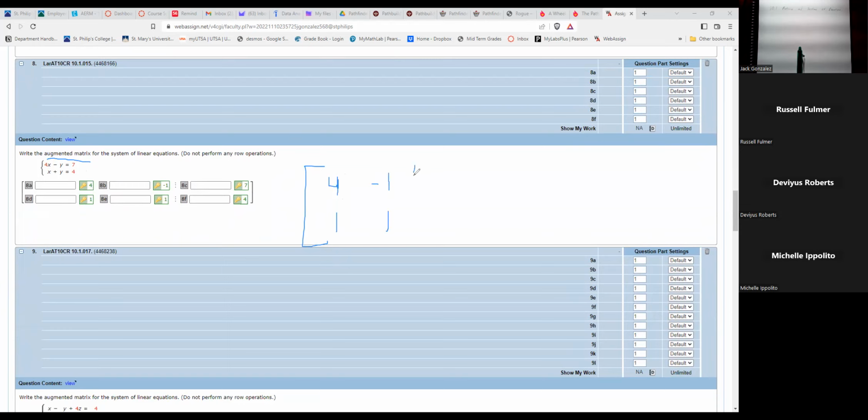So here, on this question, all they want you to do is what we did last time, but here they're actually going to make you do it. So the right hand side is the constants, 7 and 4. And the left hand side is the coefficient part.